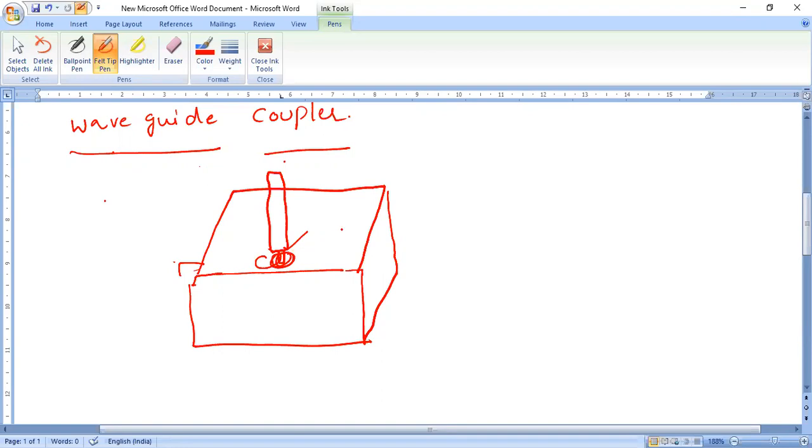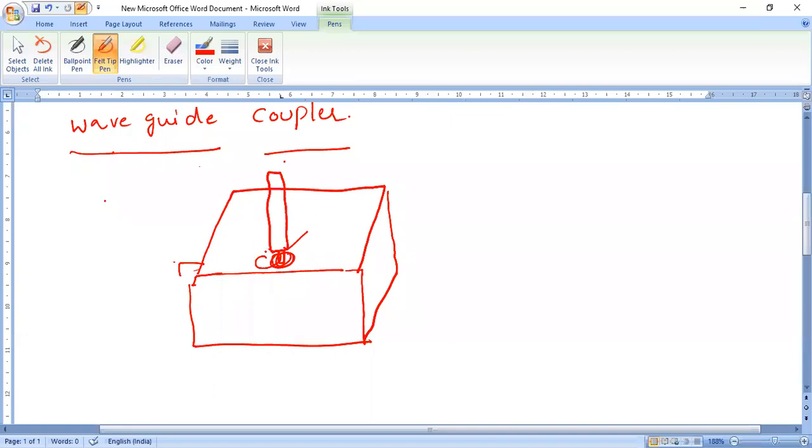As shown in the figure, if the inner conductor of the small probe penetrates a small distance into the waveguide, then such a connection is called a waveguide coupler. This is generally called the small probe method, the most commonly used method.